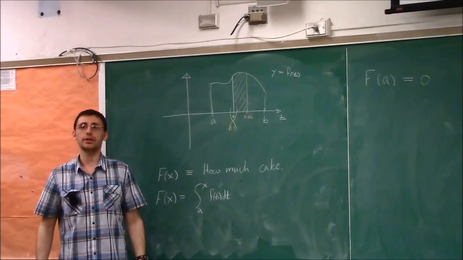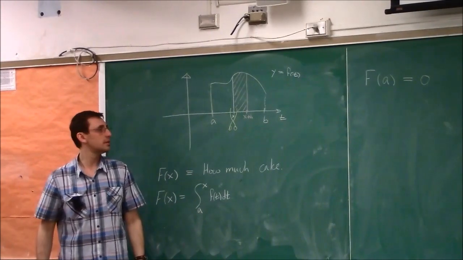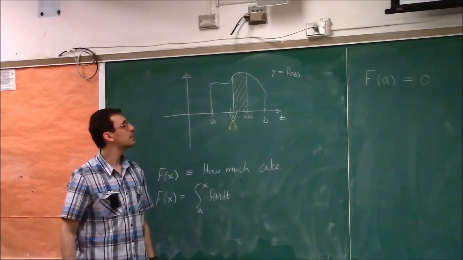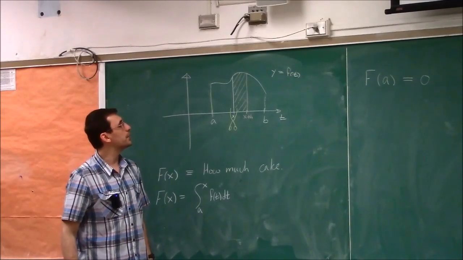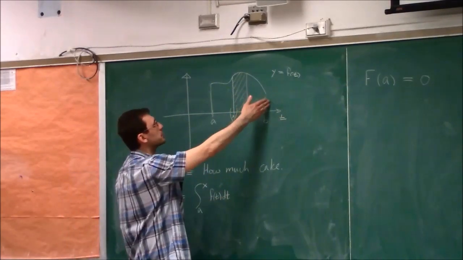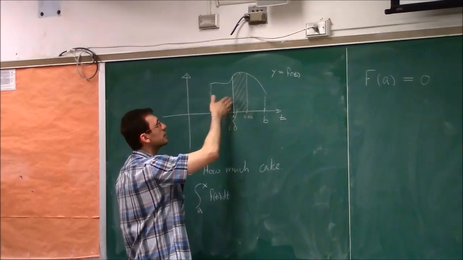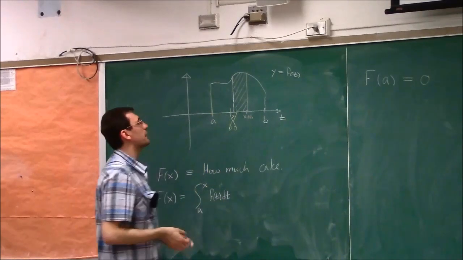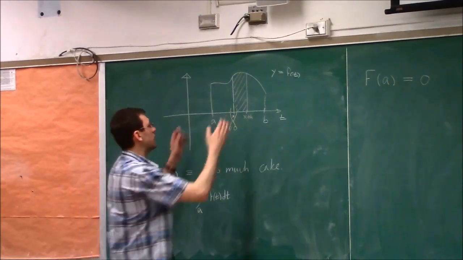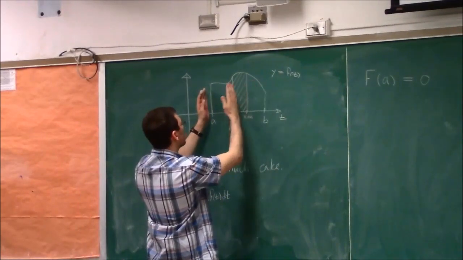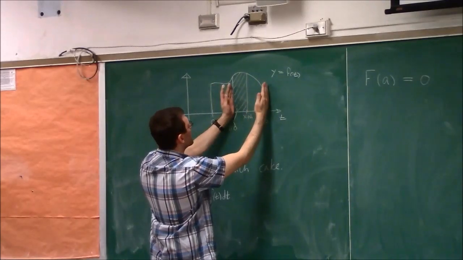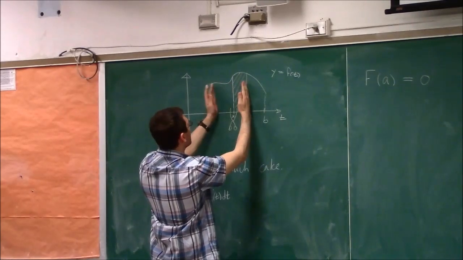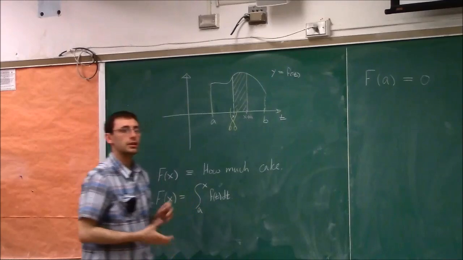How are you going to communicate? F of b minus f of x plus f of h. F of b minus what? F of x plus f of h. Well, actually, f of b minus f of x will give you this region, plus f of x will give you this region again. So not quite.